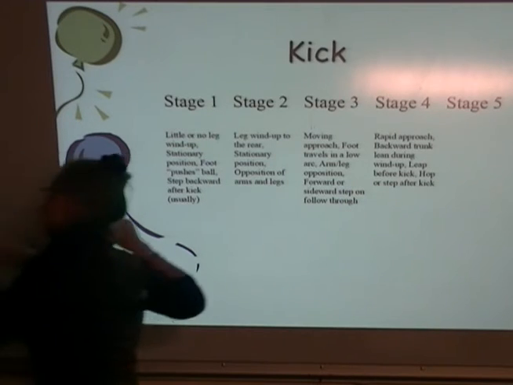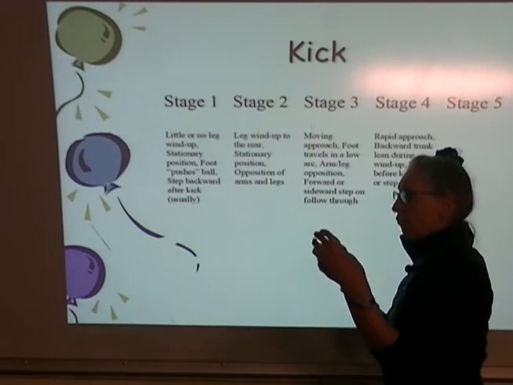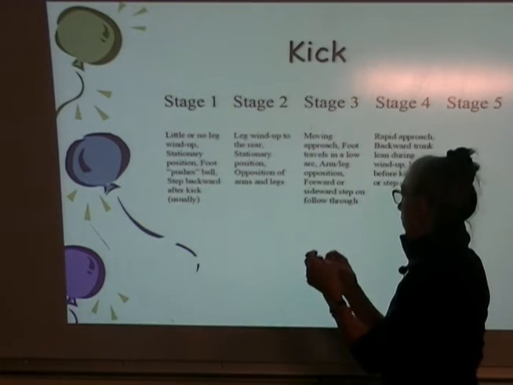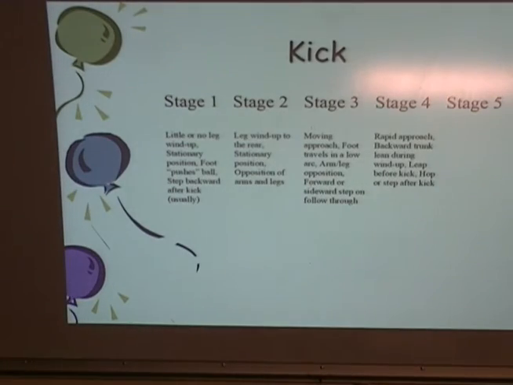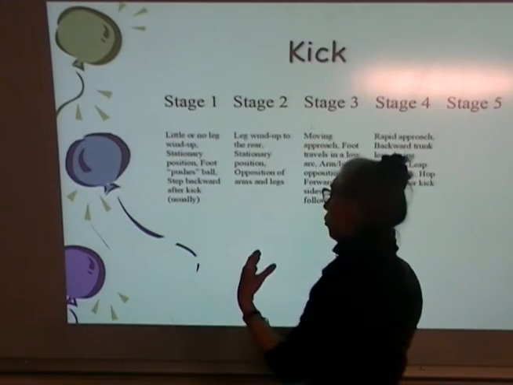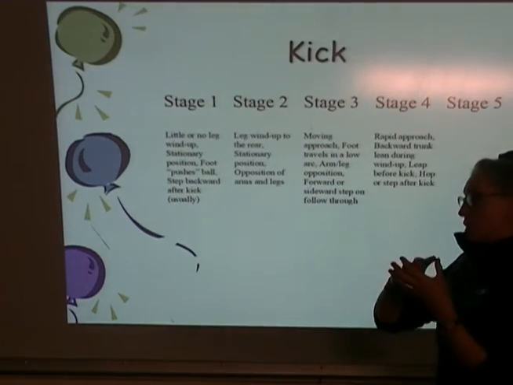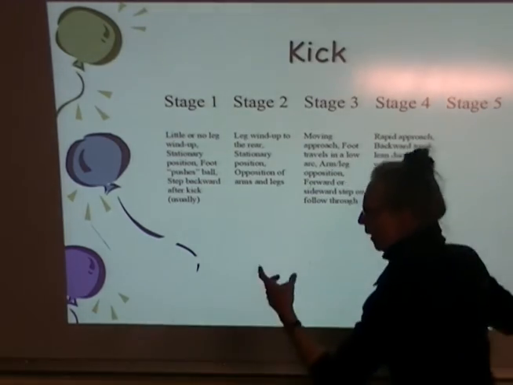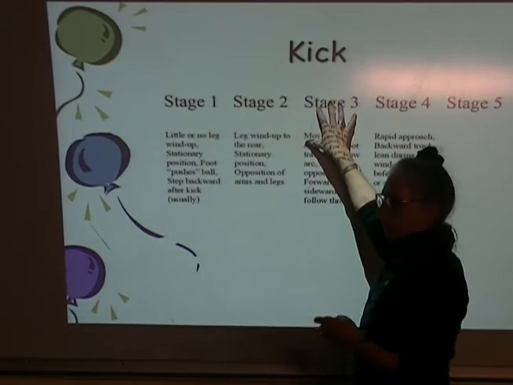So to be stage 3, there has to be a little bit of flow in the movement. Right? So they've got to move in and step and kick kind of all as one entity. Now the move in might be very slow, but as long as the move in and the leg swing and the kick are connected, then you could say they were stage 3. Right?